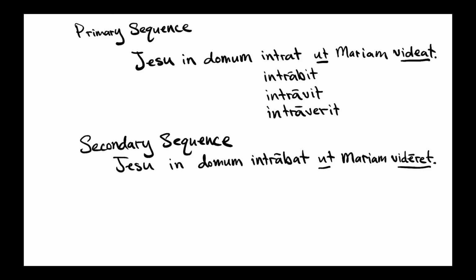So this is why it's so difficult to translate the subjunctive, or to ask for a translation in a vacuum, because it's so contingent upon something else, right? Kind of by nature. And we can go through these then. We've got intrabat, so we could do intravit, which is: Jesus entered the house in order to see Mary, or go full pluperfect, intraverat.